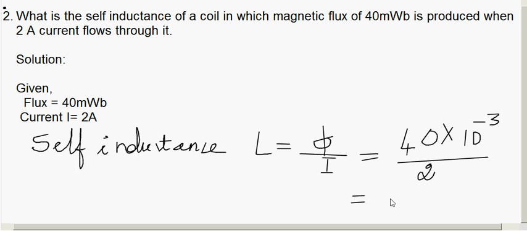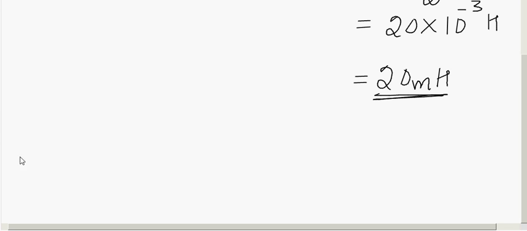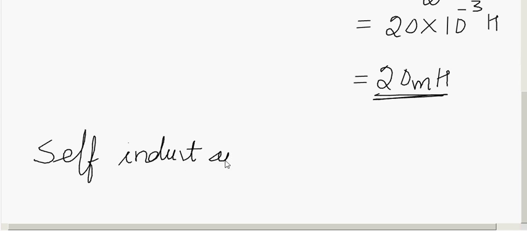So it is 20 into 10 to the power minus 3 Henry. Unit of L is Henry, or it is 20 millihenry. Self-inductance L is 20 millihenry.